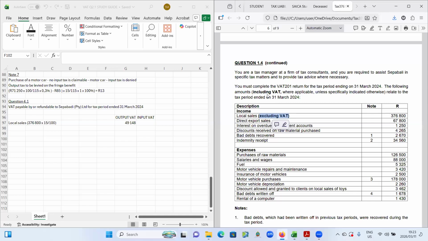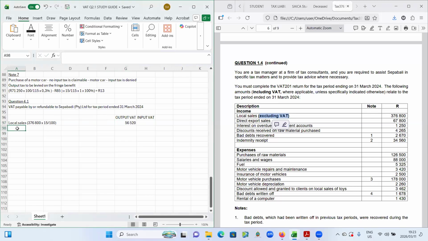So then you used 15 over 115. Yeah, so it's 5652. 376,800 multiplied by it, I got 56,520 rand. That's what I'm getting.